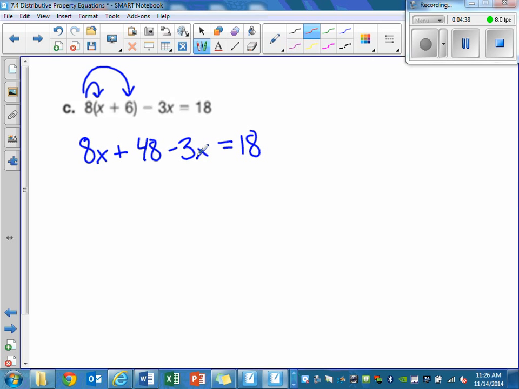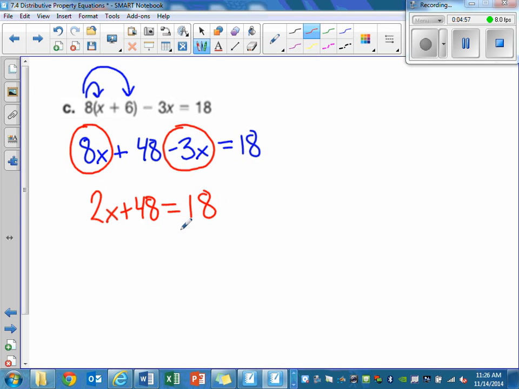I'm going to put together my like terms. If you can notice here, I have an 8x and I have a negative 3x. 8x minus 3x leaves us with 2x. Plus I still have this positive 48 equals 18.